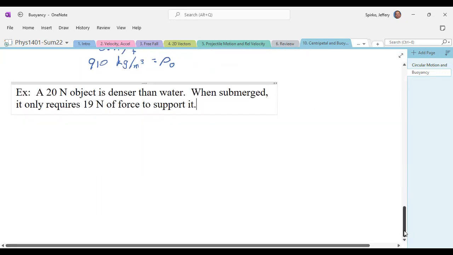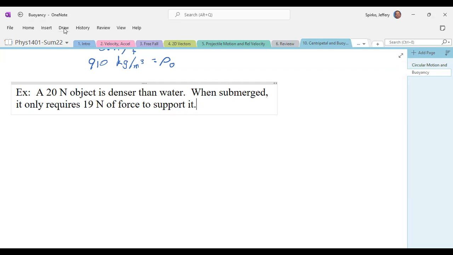We're going to take a 20 Newton object that's kind of dense. A 20 Newton object is about 4 or 5 pounds, so it's not super heavy. And when you submerge it, it gets just a little bit lighter.